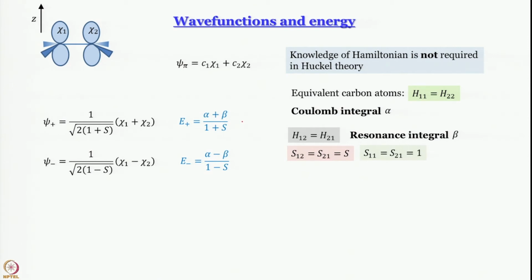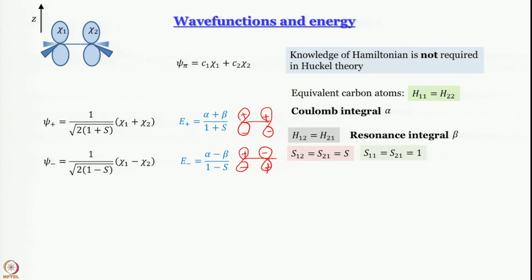This psi plus, what would it be? Not very difficult to understand, I can draw like this. If you draw the first orbital this way, then the second orbital will be like this, that is plus, and for psi minus, if you draw the first orbital like this, the second orbital has to point downwards, because it is minus.